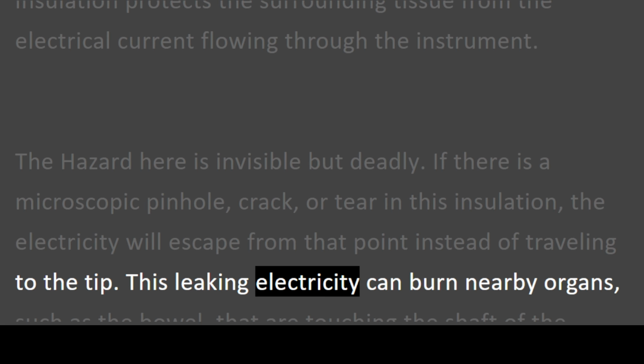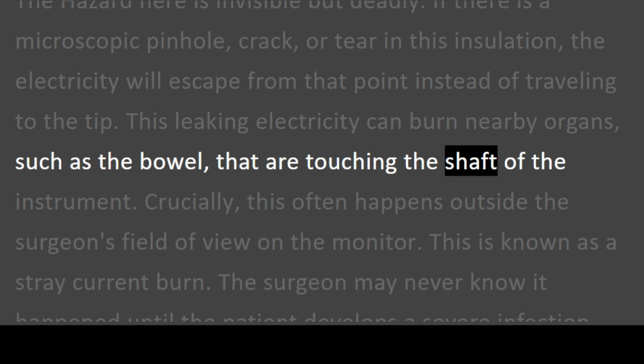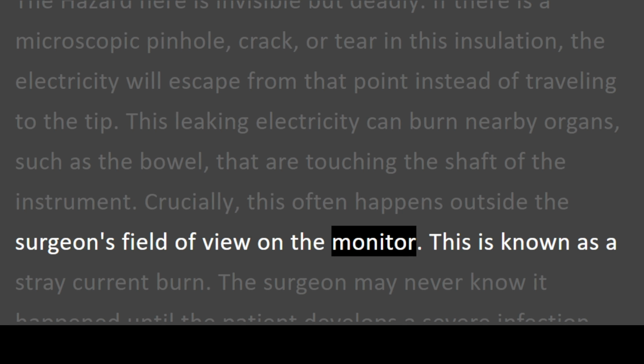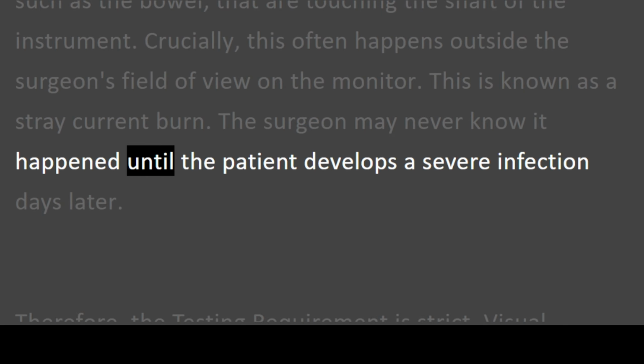This leaking electricity can burn nearby organs, such as the bowel, that are touching the shaft of the instrument. Crucially, this often happens outside the surgeon's field of view on the monitor. This is known as a stray current burn. The surgeon may never know it happened until the patient develops a severe infection days later.